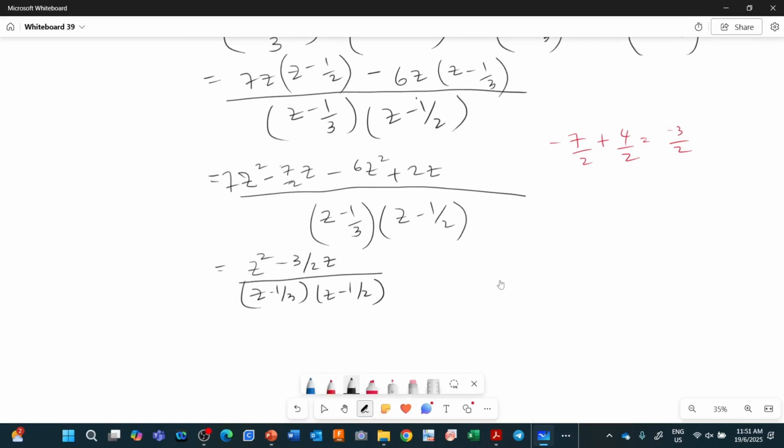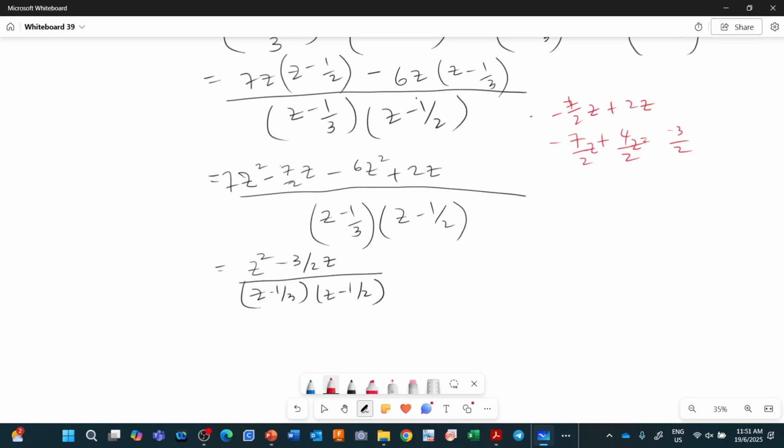Do you know how minus 7 over 2 and plus 2z become like this? This one: minus 7 over 2 z plus 2z.